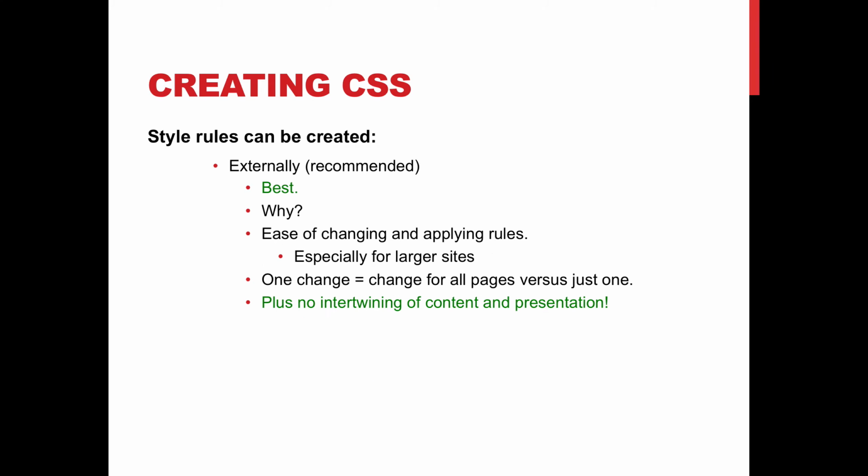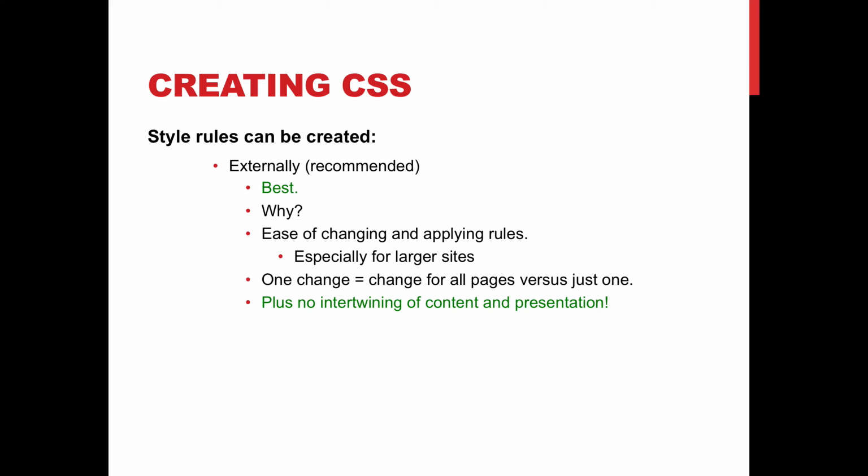Okay, so it can be created internally. It can be done externally, which is what we're going to learn. So this is really the best way to do it. If you have a site, let's say, with 55 web pages, you have one style sheet. Instead of having 55 web pages where each of them has a little bit of a snippet of style code in the head tag. That might work okay until you try to do, let's say your company decided that it no longer wanted to use a particular font.